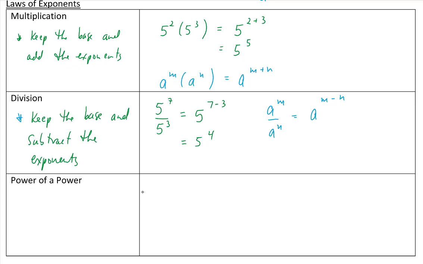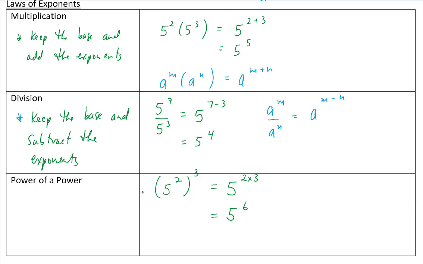And the final one, the power of a power. So I have 5 to the 2, and I raise it to the exponent of 3. So this one, we keep the base when we only have one base, but we multiply the exponents. So we get 5 to the exponent of 2 times 3, which is 5 to the 6.